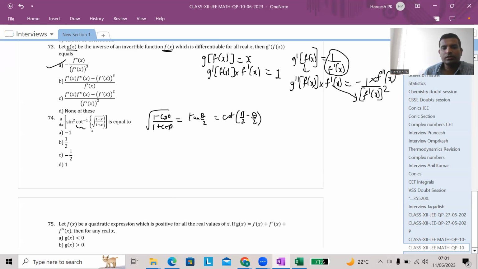So cot inverse of this whole thing, I'll end up getting sine square of pi by 2 minus theta by 2, or sine of pi by 2 minus theta by 2 whole square, which is cos theta by 2 whole square. And theta is nothing but, we have written x as cos theta.